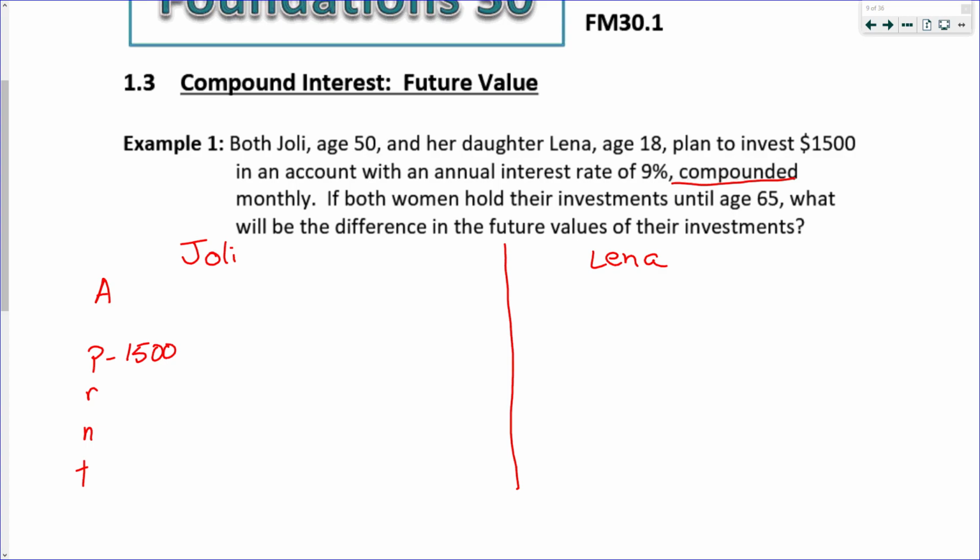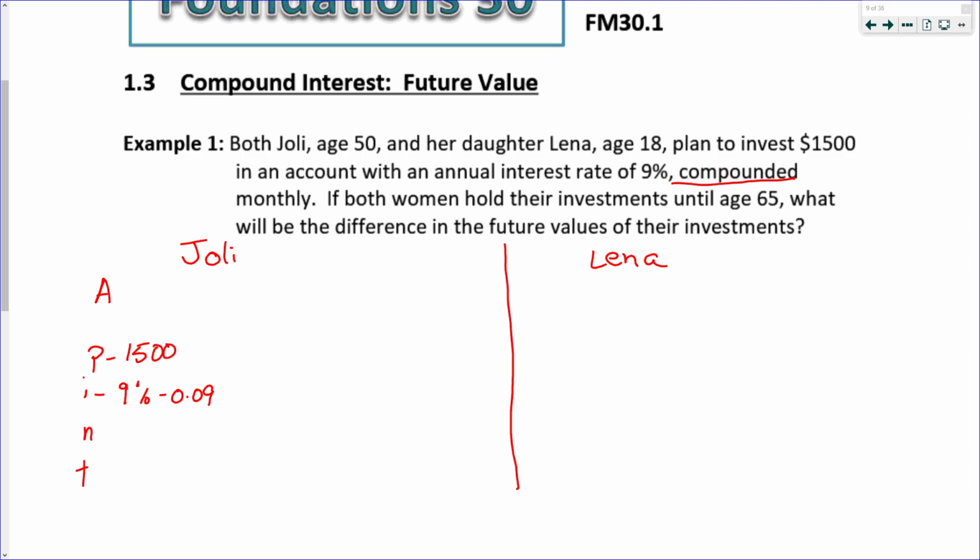We have our interest rate. Just to fix it based on my notes, we're using I for interest rate now, and it's 9%. That needs to be written as a decimal, so that's 0.09.